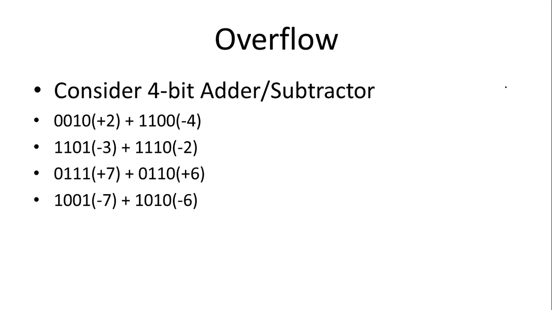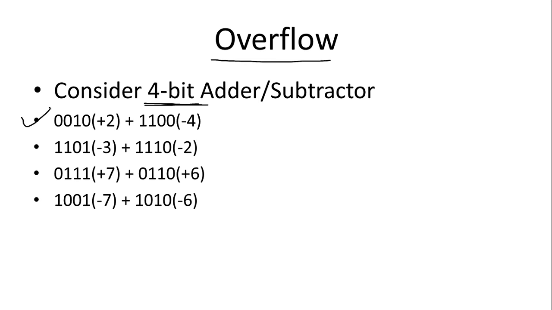So there are possibilities of overflow if our answer exceeds the limit from the positive side or from the negative side. So there are both possibilities. These are 4 scenarios in the case of a 4-bit adder or subtractor. Let's discuss how they work or how they occur.